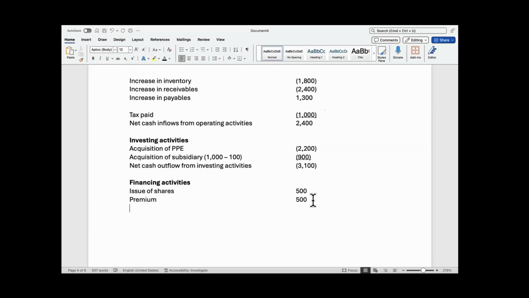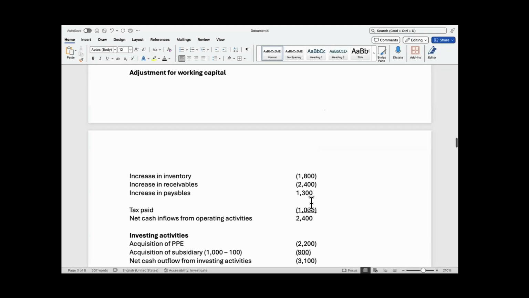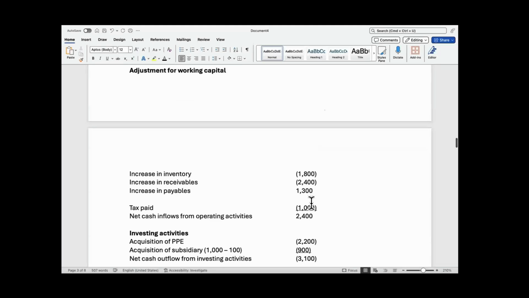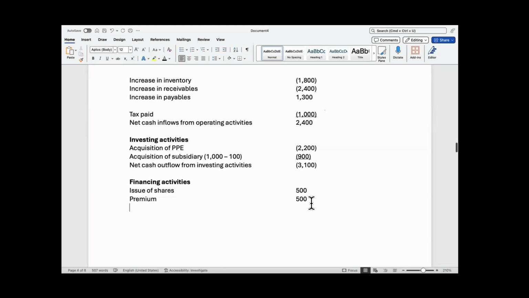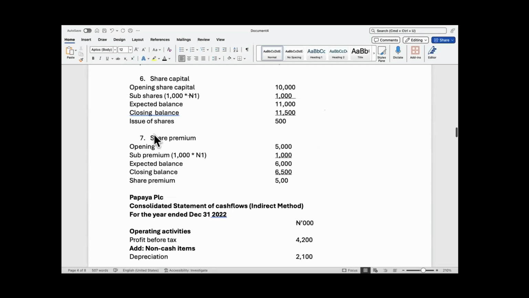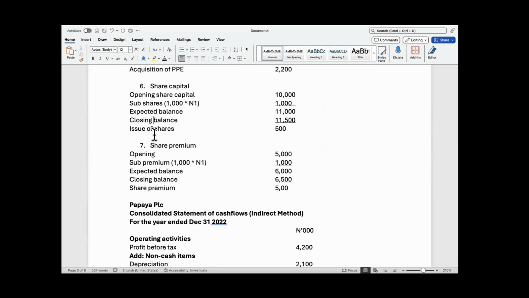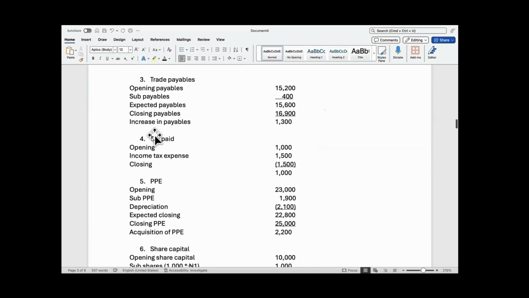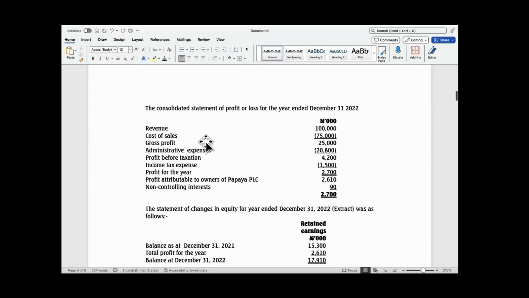To get the premium, it's just as we have done here, the difference between opening and closing share premium. If you are not given share premium at all, don't worry about it. You don't have to work on what you are not given. For premium, you ignore. In this question, the reason I'm considering it is that it is given as a line item here.